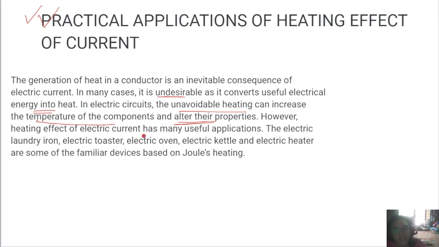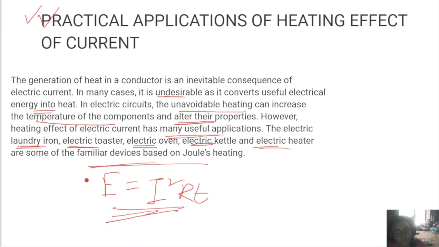However, the heating effect of electric current has many useful applications. You know, the laundry iron, which is very useful to us, the electrical toaster, electrical oven, electrical kettle, and electrical heater are some of the familiar devices based on Joule's heating. So now you know how the energy is calculated here. It is E equals I square RT, right?